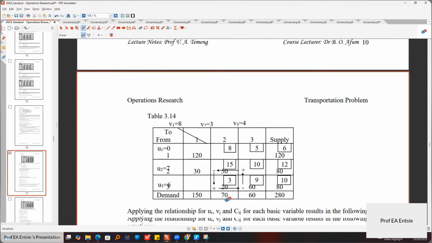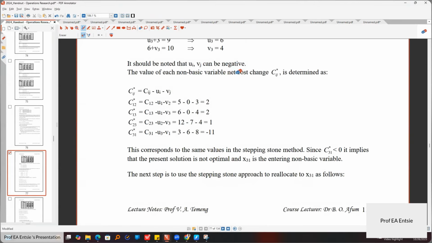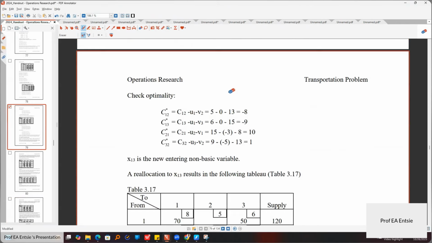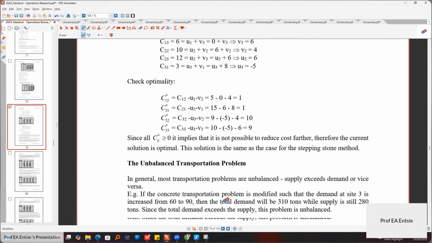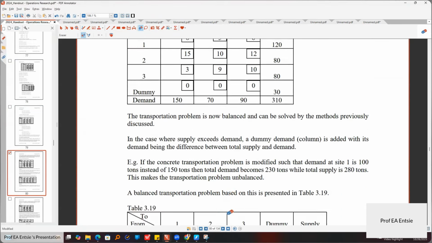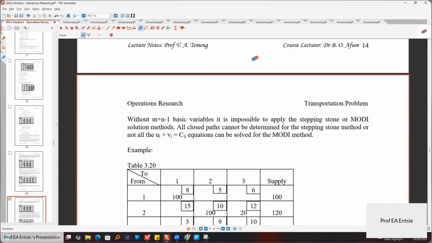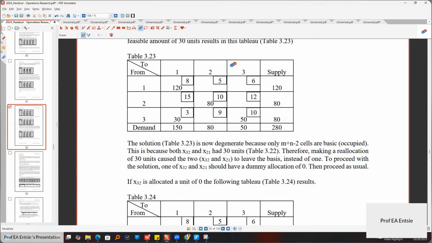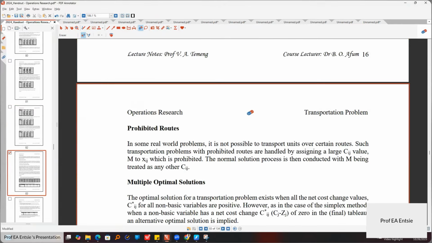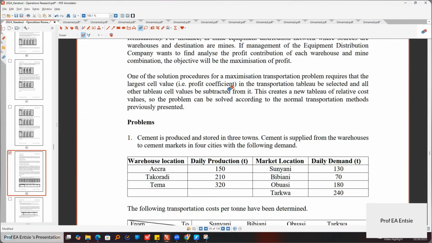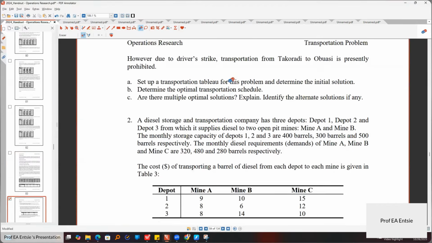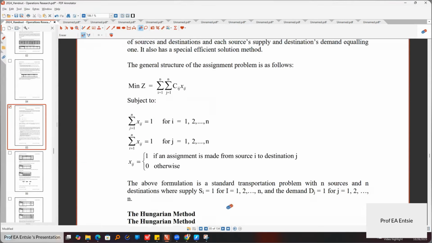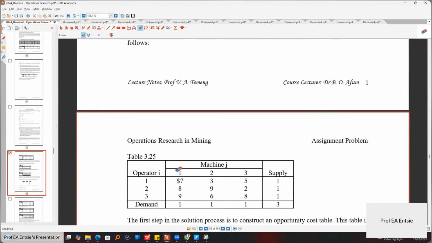For assignment, let's see whether you have some examples.